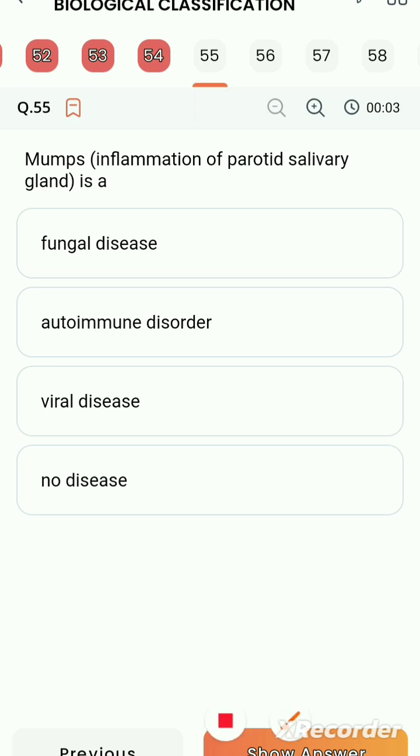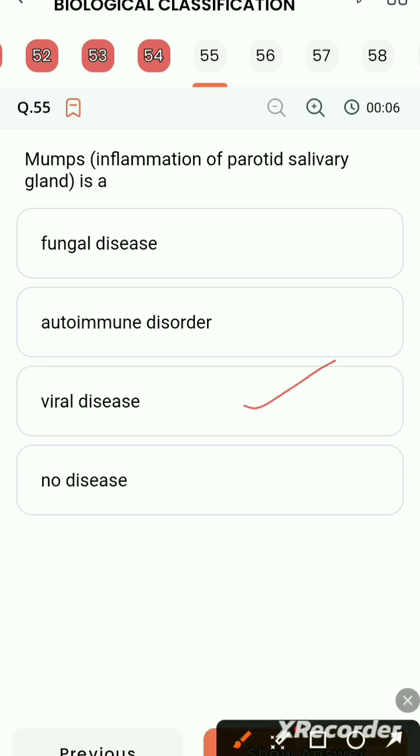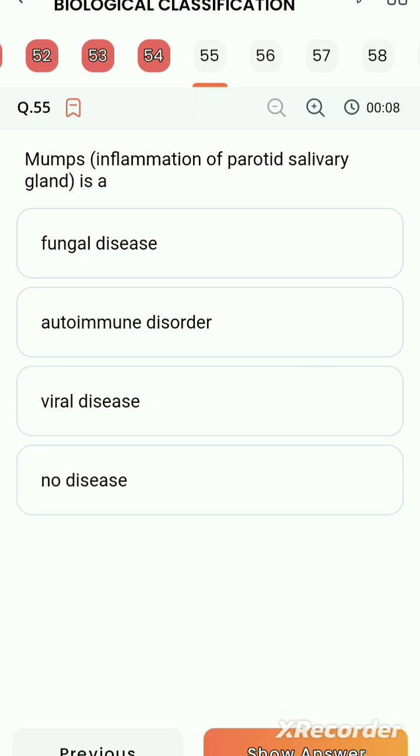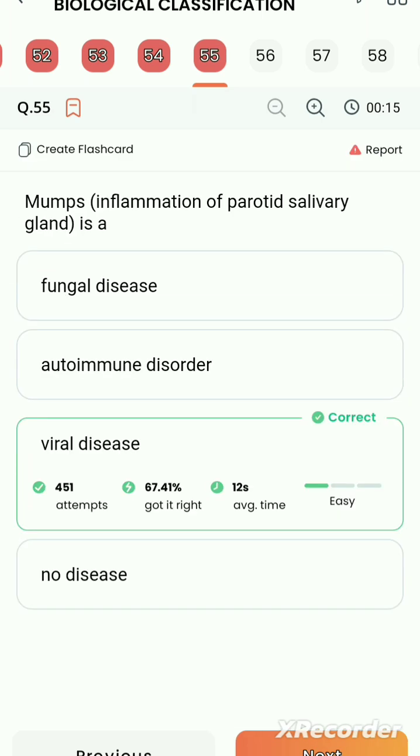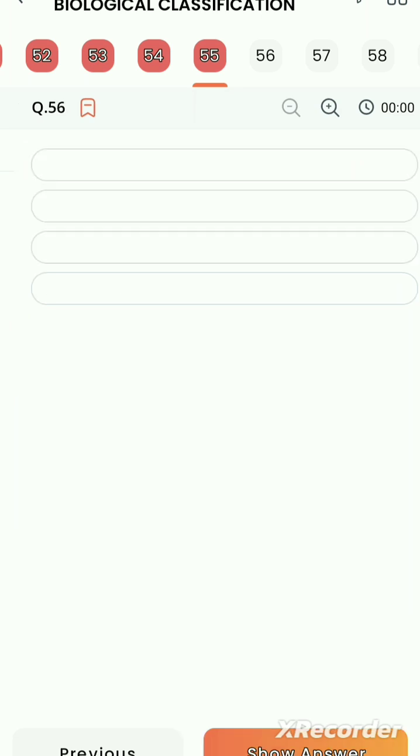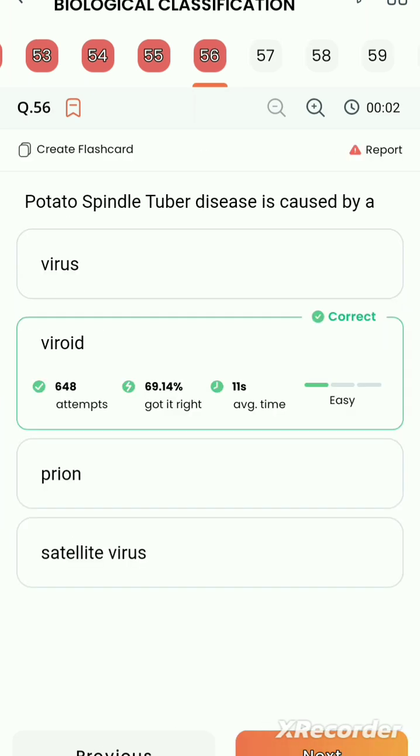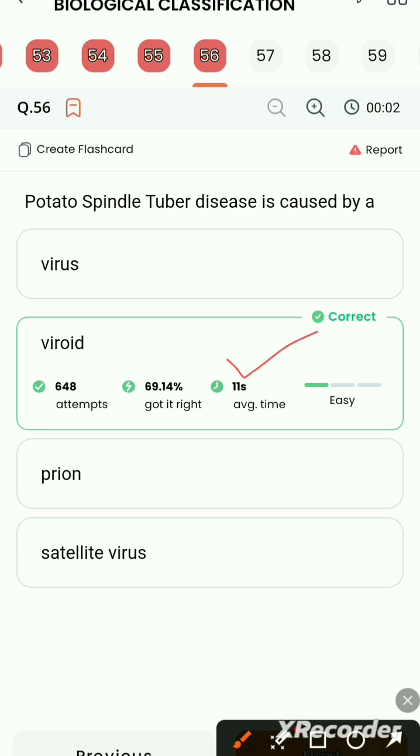Mumps is a viral disease which affects the parotid salivary glands. We have 3 pairs of salivary glands. Among that, parotid is one of the glands that is affected by the mumps virus. Potato spindle tuber disease is caused by viroid.